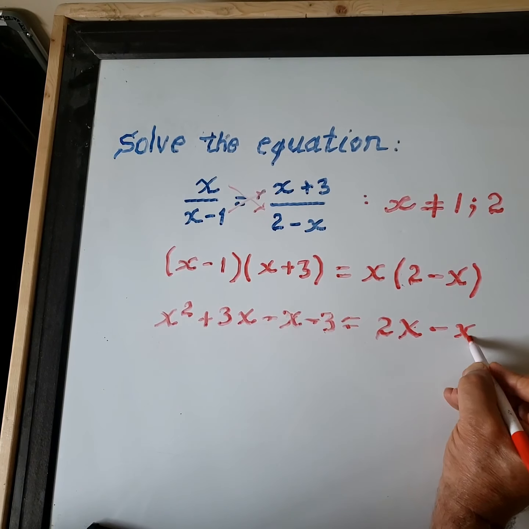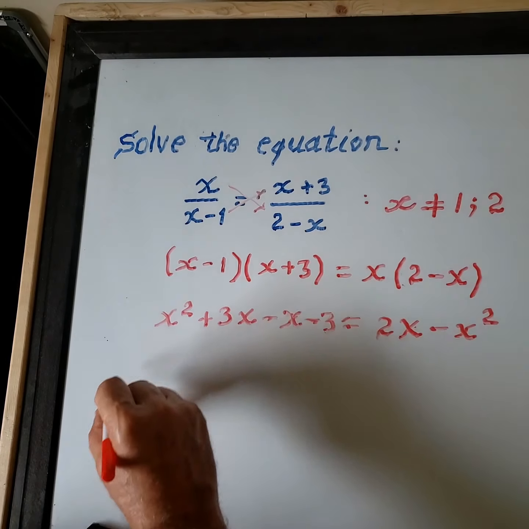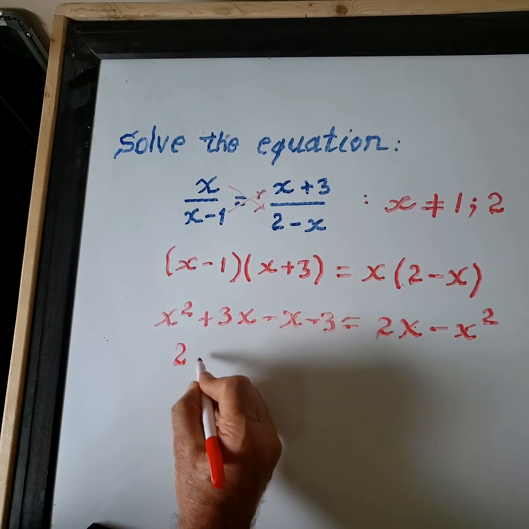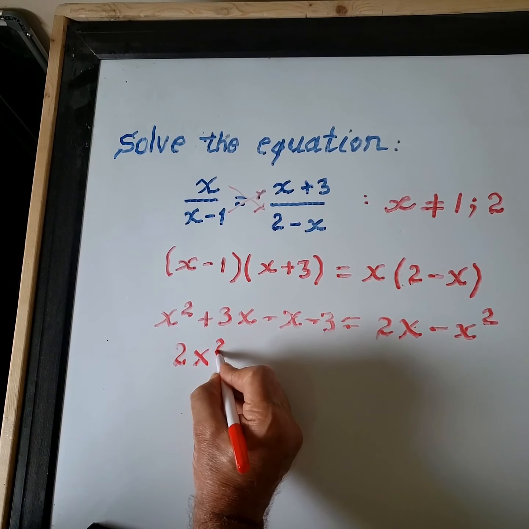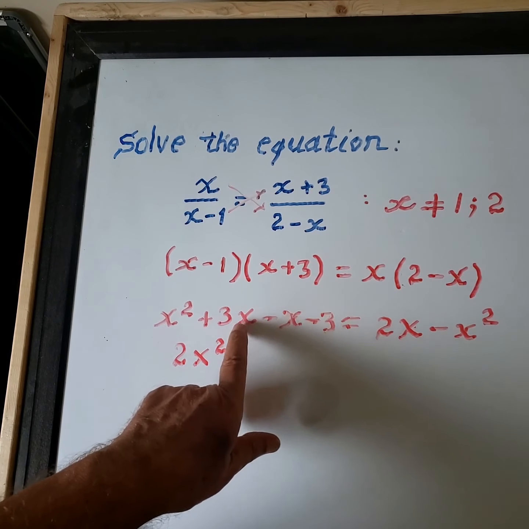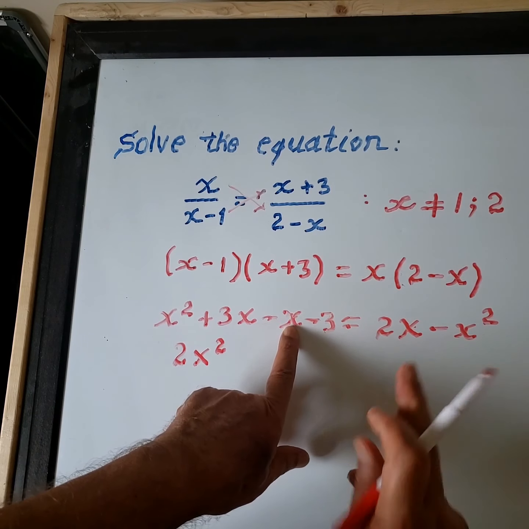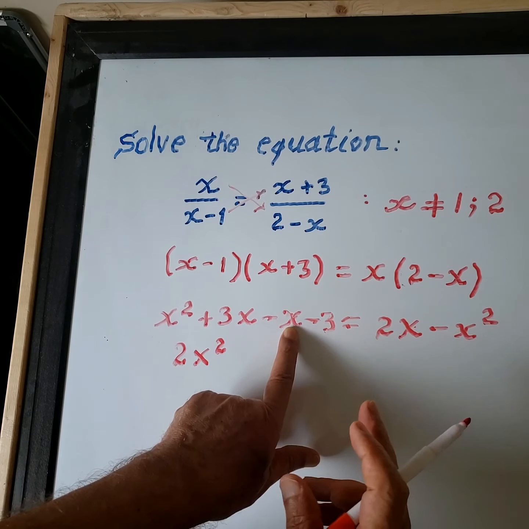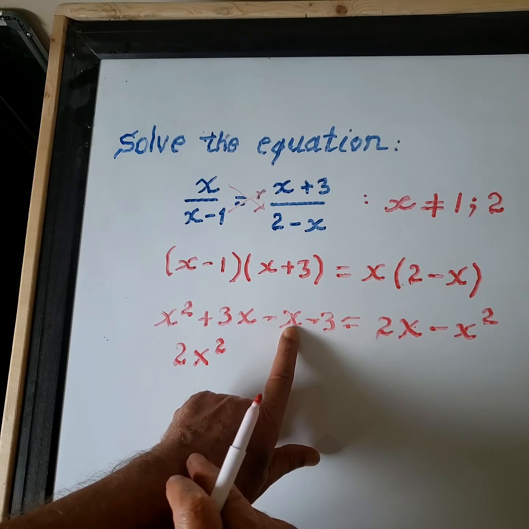So by moving this to the left side, it will be x squared plus x squared, so it will be 2x squared, and 3x minus x, that means 2x, and here 2x comes to the other side as minus 2x. So plus 2x and minus 2x remove each other, and the third term is only minus 3 is equal to 0.